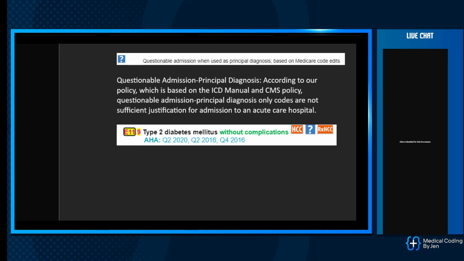And you can see that without complications and the patient was admitted to the hospital, if that's their primary and only diagnosis for that admission, that would just go unpaid, because if the patient has type 2 diabetes without any complications, then why are they being admitted?